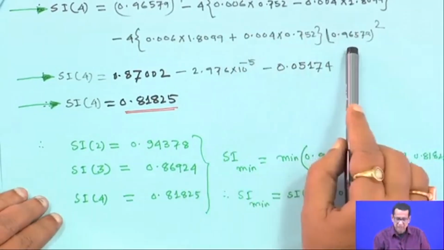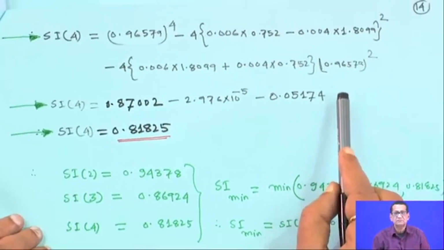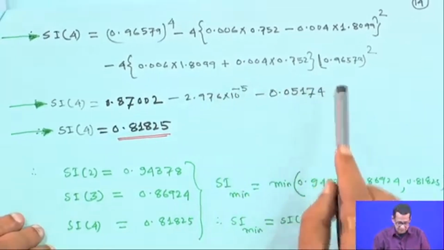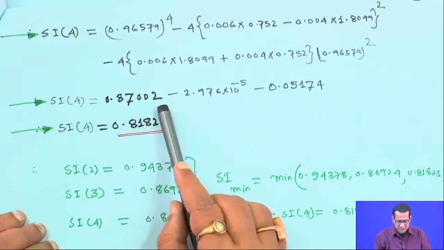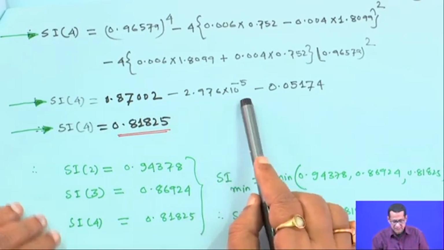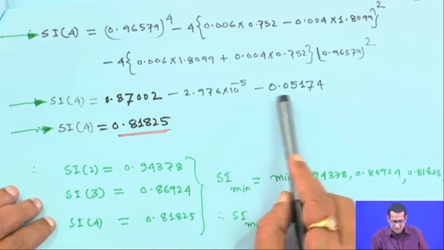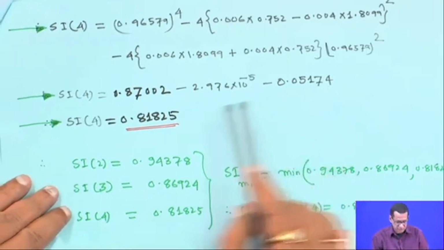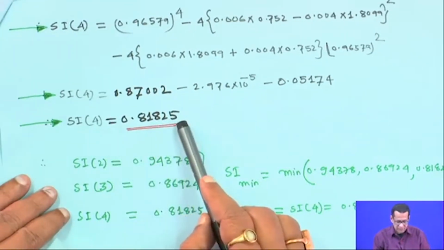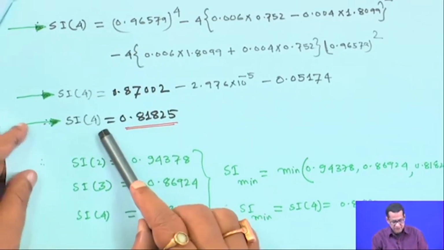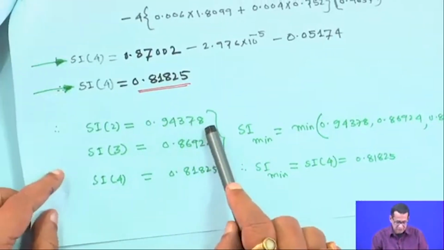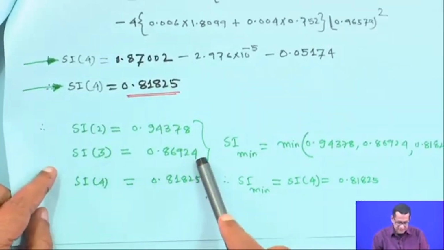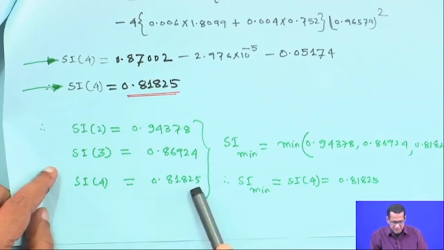Put all these values, this is 0.96579, that is the V3 value. After simplification, SI4 is equal to 0.87002 minus 2.976 into 10 to the minus 5 minus 0.05174. SI4 is coming 0.81825, that is the voltage stability index value at node 4. So, SI2 is 0.94378, SI3 is 0.86924, SI4 is 0.81825.